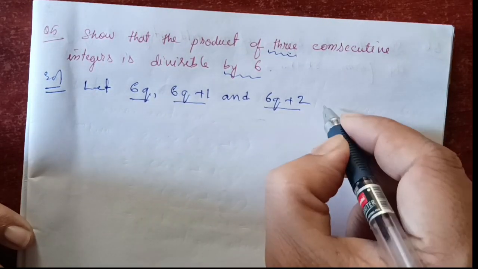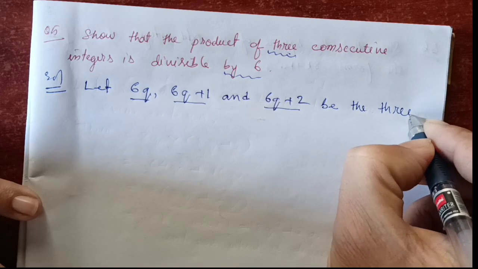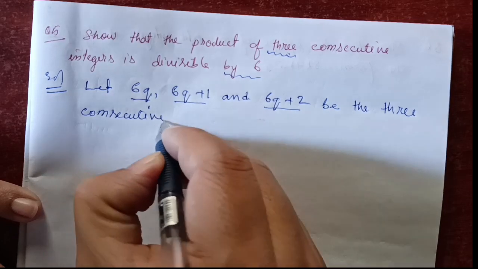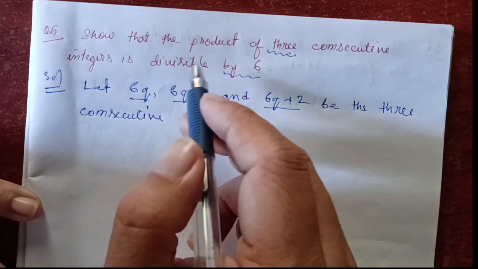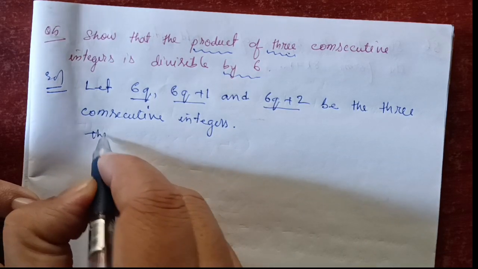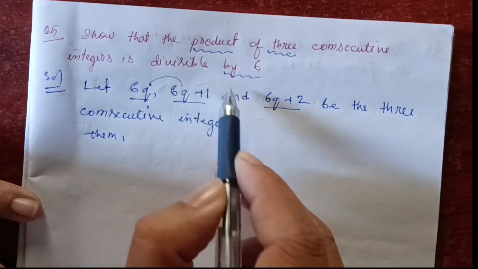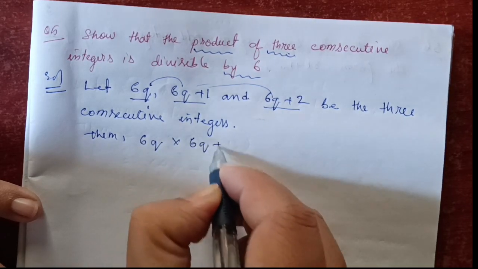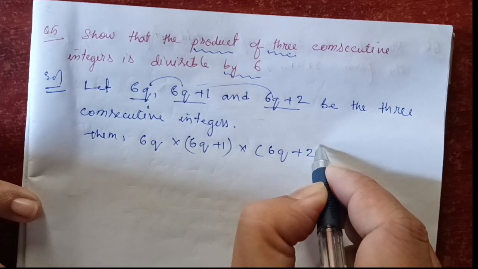Okay, let us continue writing: be the 3 consecutive integers. Again read the question. It says product, so let us find out the product. In order to find the product, we will multiply all of these. 6q will be multiplied with 6q plus 1. Next is 6q plus 2.